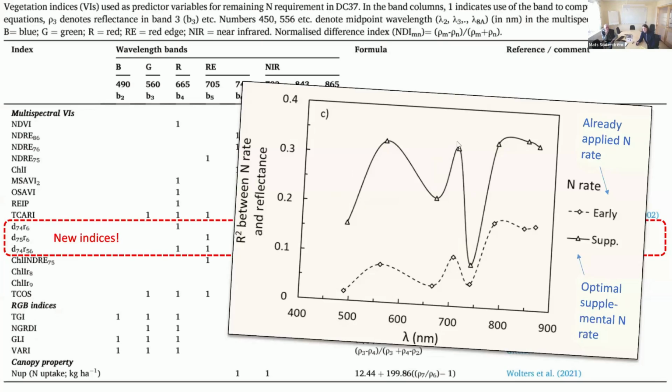You can see that here there is a strong correlation between our target variable and the reflectance in this band, a very poor correlation in this band, and again a strong correlation here. So we decided it's good to use these bands, and that this band is probably good to use for standardization. So we created a number of indices based on these bands too.